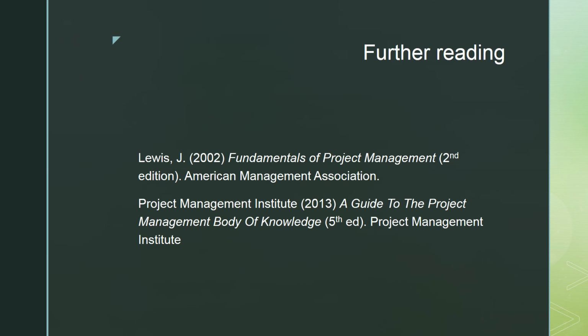And then we also have the Project Management Institute 2013, A Guide to the Project Management Body of Knowledge, 5th edition. Now, the Project Management Institute have a wonderful website. I do recommend it. Please familiarize yourself with it. You'll find a lot of useful information on their website.